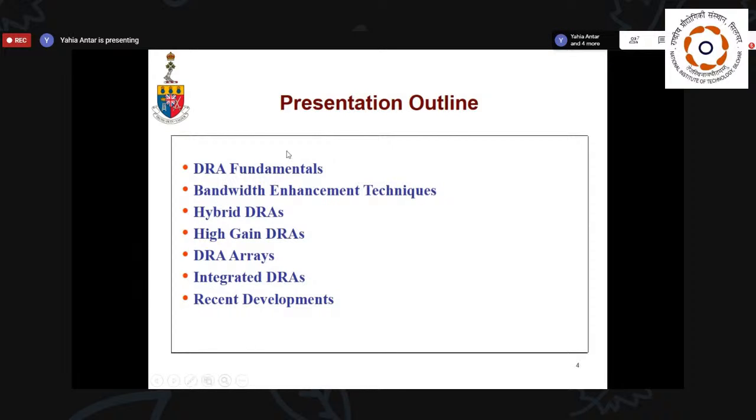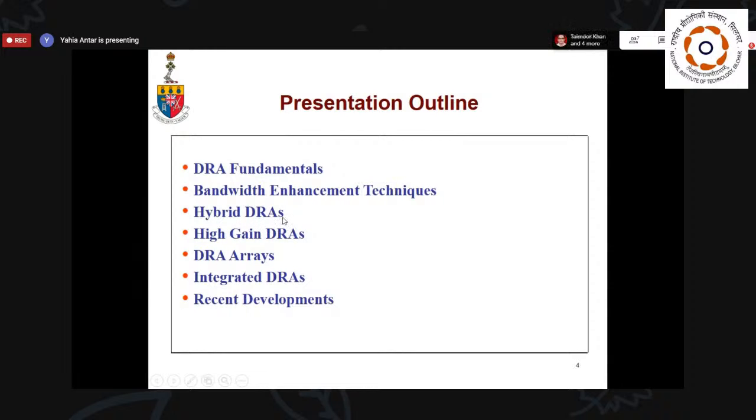So I'll talk about some of the fundamentals again, review some of it quickly, talk about the various techniques for bandwidth enhancement, and then I'll talk about the hybrid DRE. And what I mean by hybrid DRE here is basically the following.